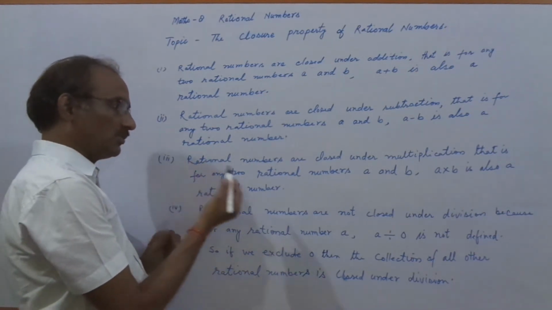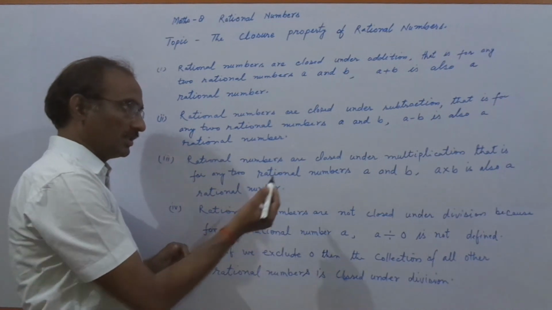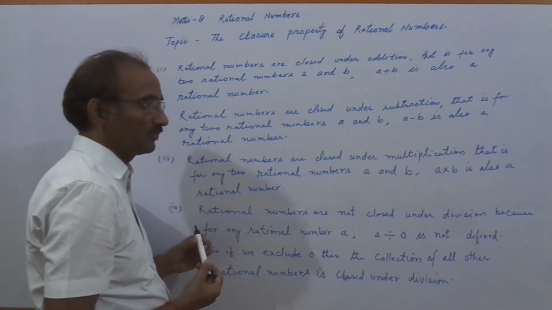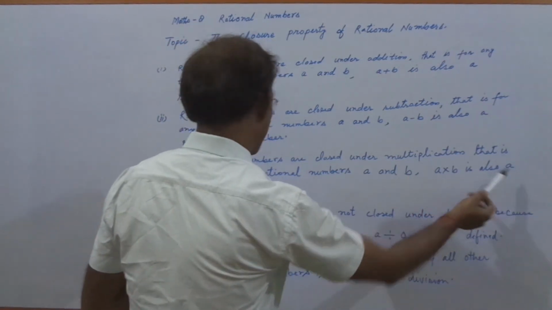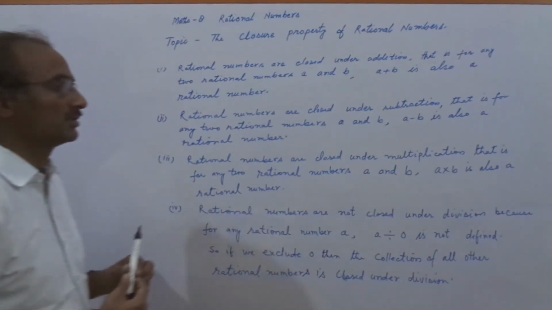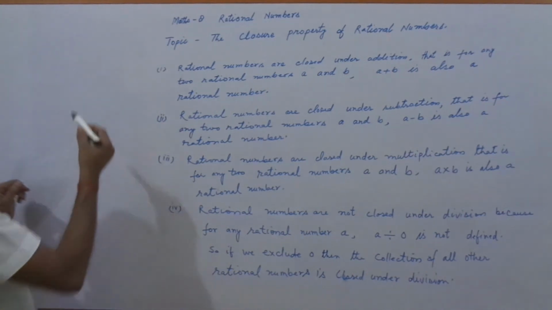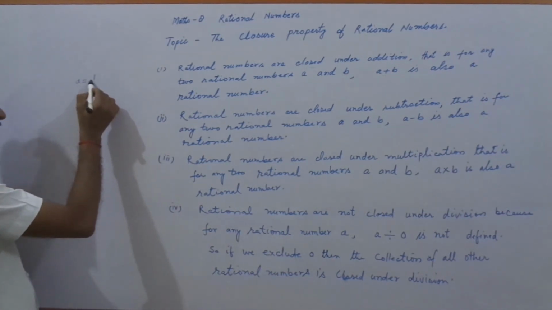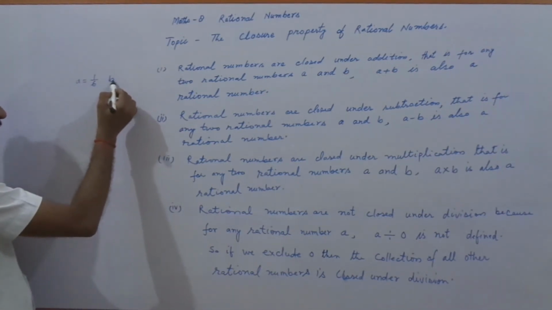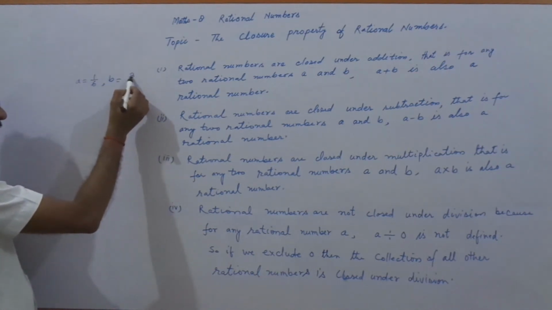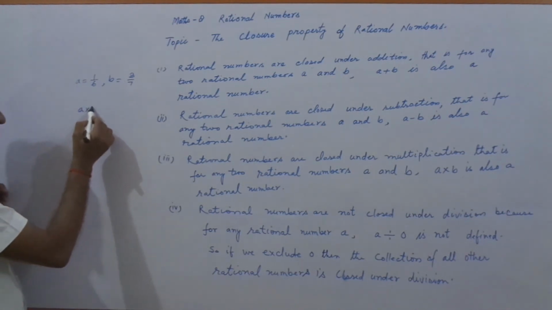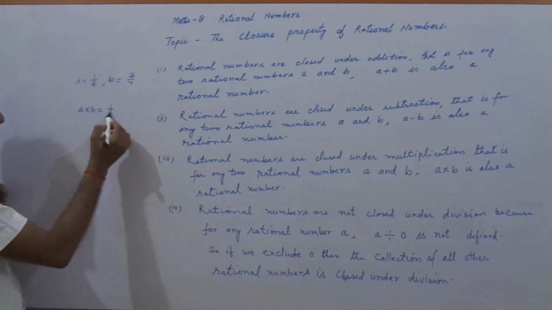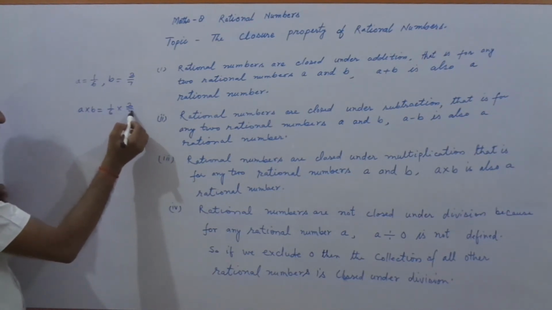That is, for any two rational numbers a and b, a cross b or a into b is also a rational number. Suppose we have a equal 1 by 6 and b equal 3 by 7. If we multiply a and b, then we get a into b equal 1 upon 6 and 3 upon 7.